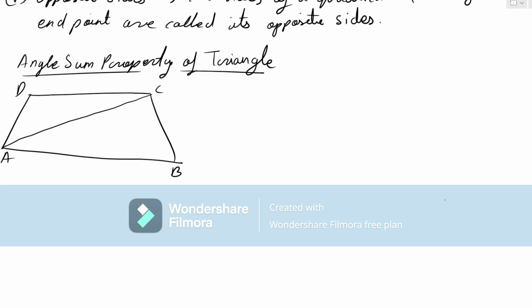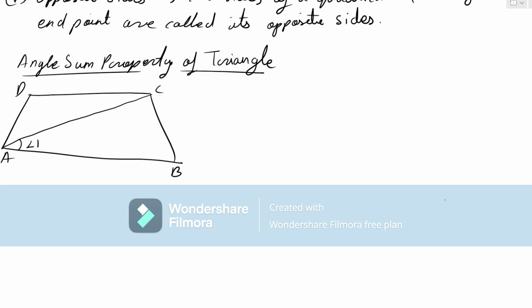Only one diagonal? Yes. Now one thing that you guys need to know is that the quadrilateral, inside of it, is forming two triangles that have the same sum of angles. So now let's name them.